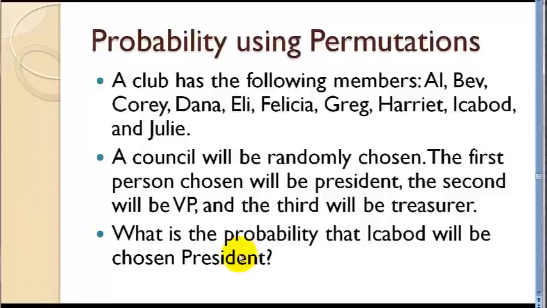So in terms of the success outcomes, we need to know how many different committees, or councils, could be formed where Ichabod was chosen first, and then 2 of these other people were chosen in the other order. And then we need to divide that by the total number of councils that could be created.